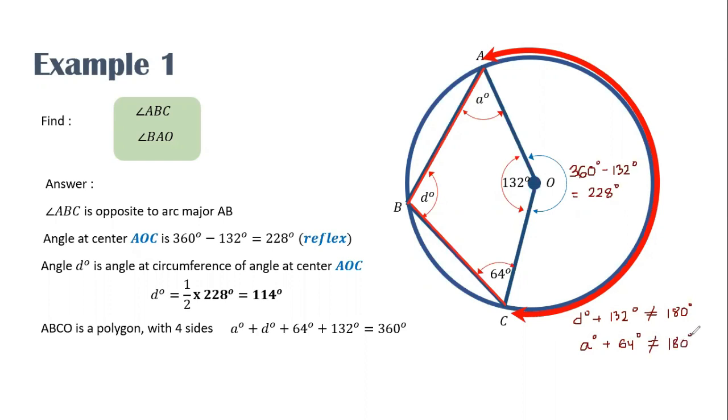Remember the concept: this is the combination of angle at circumference and angle at center. It cannot satisfy, right? So D degrees plus 132 degrees is not 180, and A degrees plus 64 degrees is not 180 degrees. Is it clear to everyone?